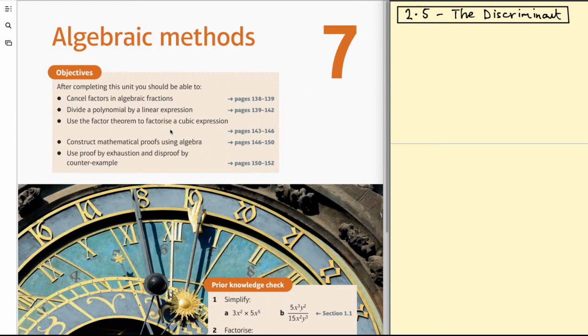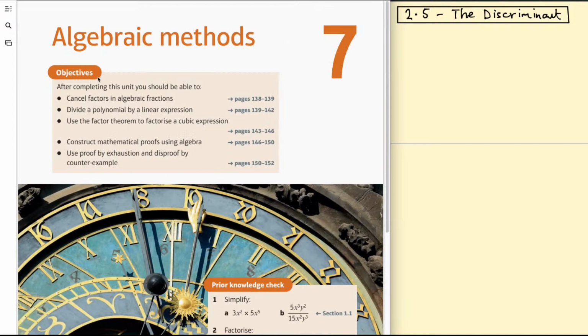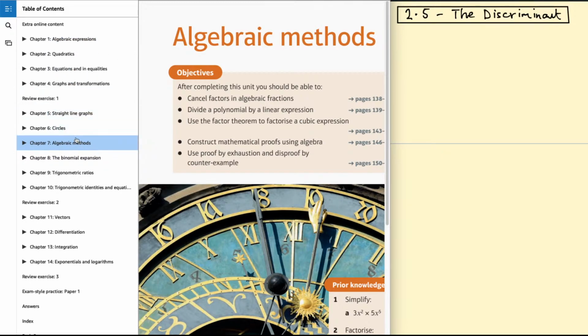How big is the bridge between GCSE and A-level? I don't think it's that big, to be honest. So let's see. The topics that I would point out as the main ones would be the binomial expansion.